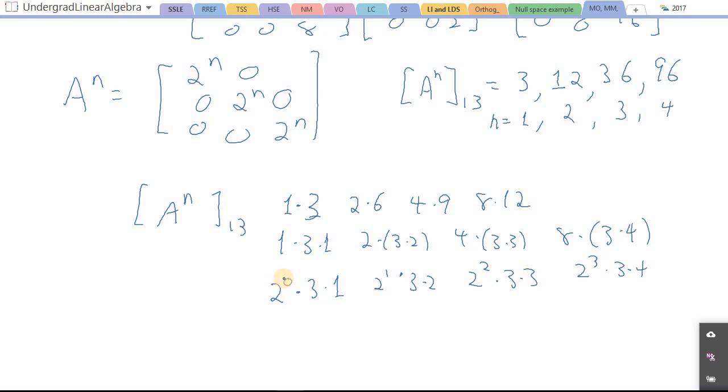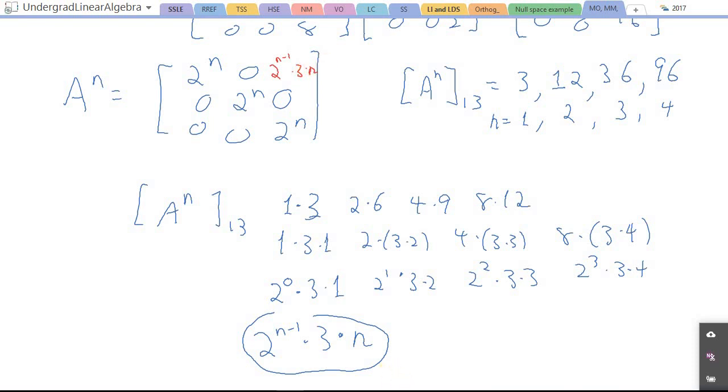Now, how does this relate to n? That's the same as 2 to the n minus 1. I always have a 3 in all of them, and then here I have an n. Okay. So this pattern works for all of the ones that I have here, and you could continue on and see that, in fact, this pattern continues to work. So this result is what actually goes in the entry up here. So I'll write that here. This is going to be 2 to the n minus 1 times 3 times n.